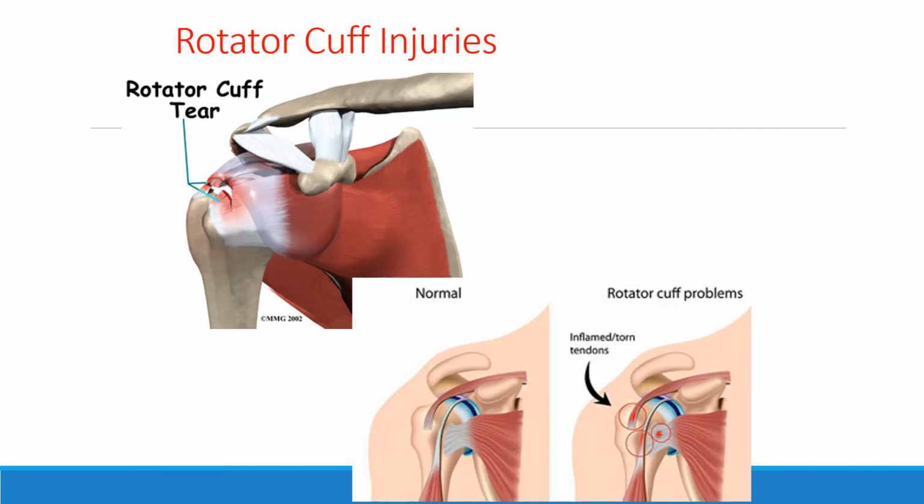Rotator cuff surgery is a very common surgery among older individuals. It's also very common among younger adults too. Late adolescents, early adults, mostly from sports injuries, contact sports in particular, wear and tear injuries. It's not unusual to have rotator cuff surgery to repair the damage caused, particularly in contact sports.